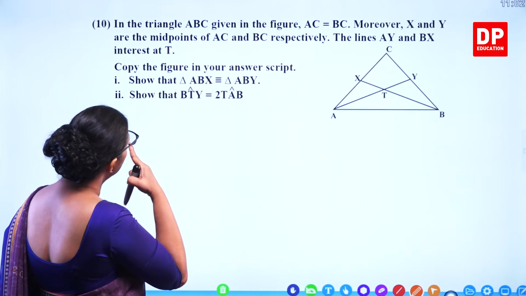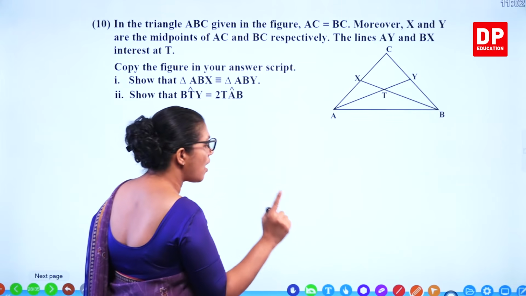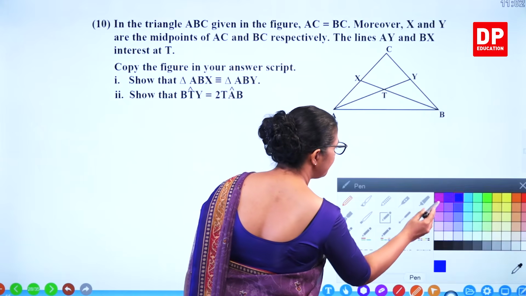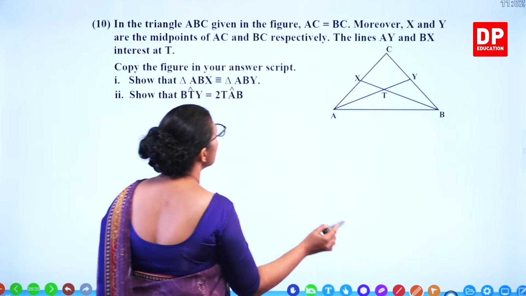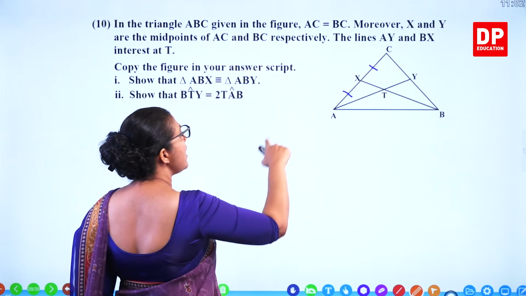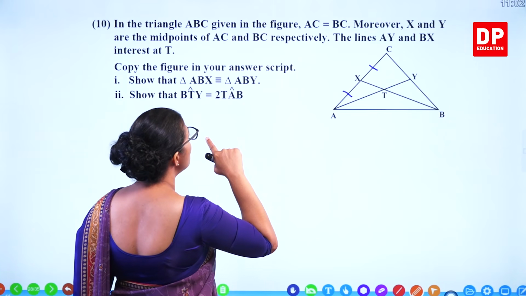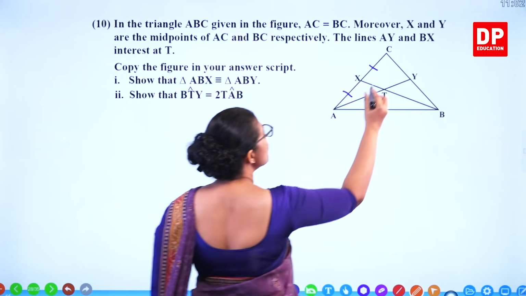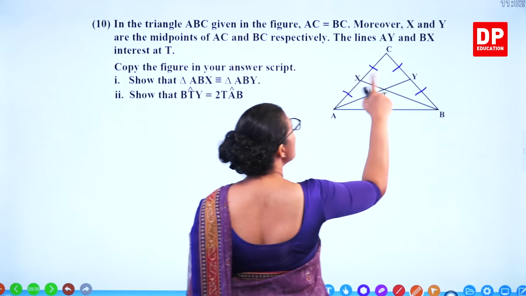Part 1. So you can first mark the information given. X is the midpoint, so this length is equal. And AC is equal to BC, so this length is also equal to each other.